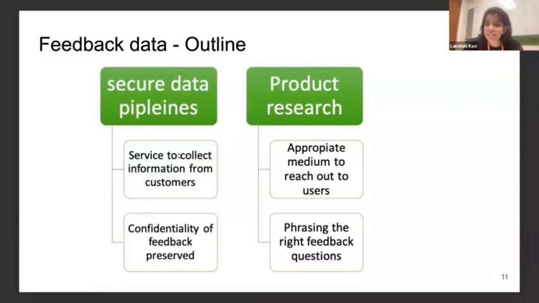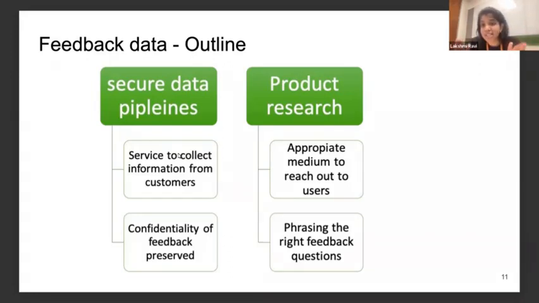And it requires some product research to be done. What is the appropriate medium to reach out? How do I phrase the question so that they are not instantly saying yes, and are actually giving me the right answer? And should I send them a notification through email, or should I just pop up a voice message? Especially when using Alexa, it asks for feedback multiple times. So this is what is happening in the feedback data.